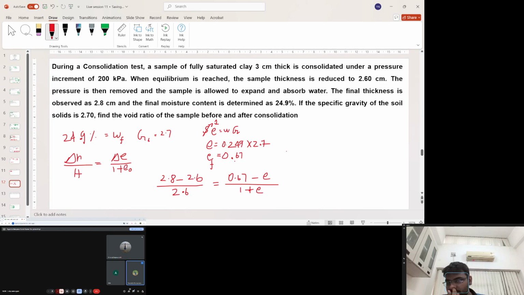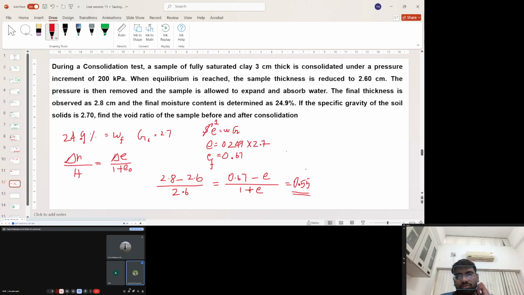Obviously it should be lesser than 0.67. So 0.55 is the void ratio at the end of consolidation.